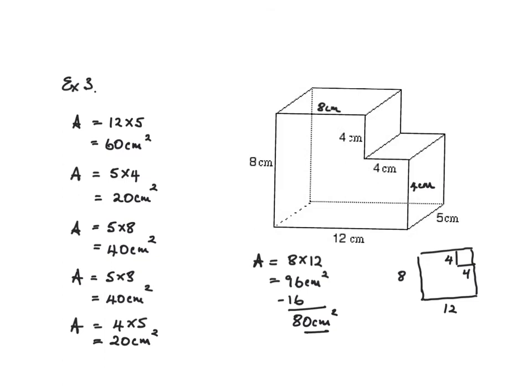So we've got 1, 2, 3, 4, 5, 6, and we've got the front, which is 7, and the back, which is 8. So 1, 2, 3, 4, 5, 6. Now there are 2 missing, and that's because this one and this one are the same. So that's 2 lots of 20. And we also know that the front and the back are the same, so it's 2 lots of 80.